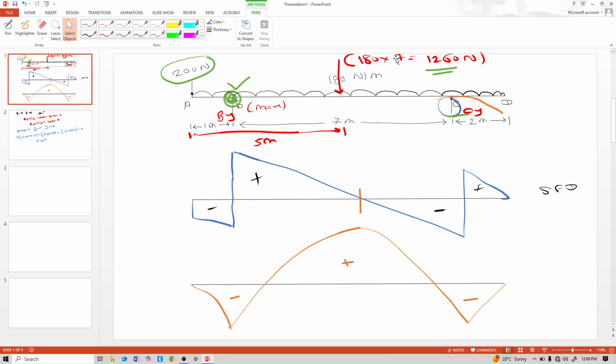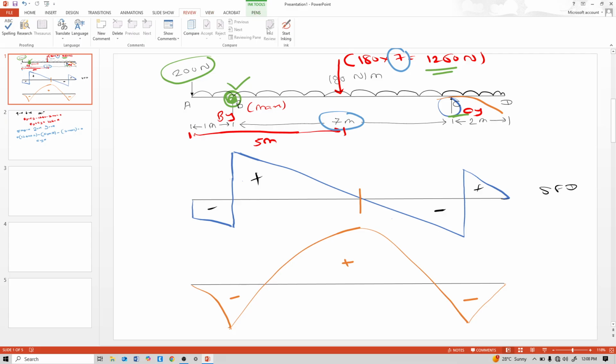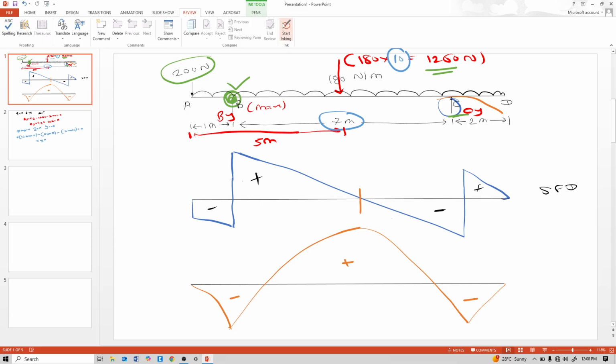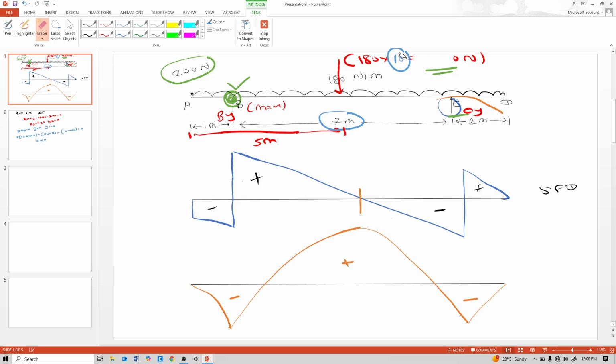See here, we made a mistake. Why is it 7? It is not only 7, it is a total of 10 meters. So 180 into 10 is 1800.